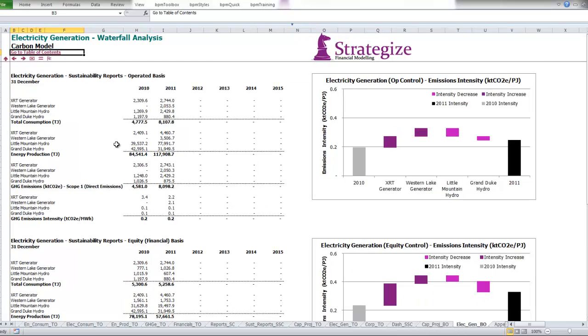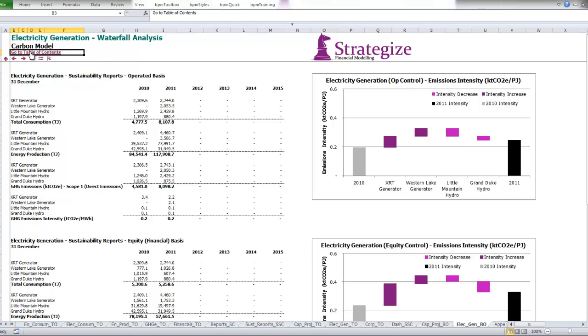Similarly, with our electricity generation site, we can see that our emissions intensity has gone up slightly, again driven by our XRT generator and Western Lake generator assets, which has been partly offset by our hydroelectricity facilities.